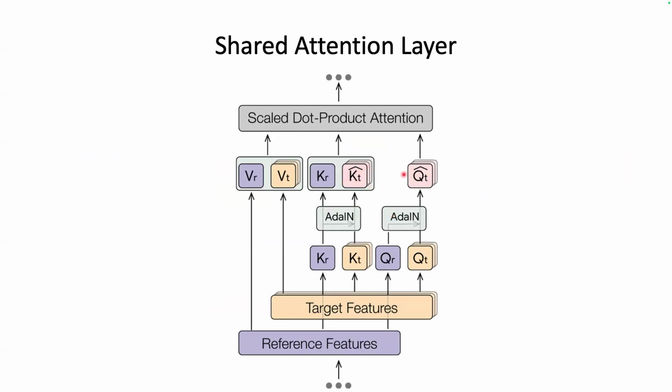Since the correspondences are determined by the multiplication between the queries and the keys, it's not really necessary to also apply AdaIN on the values. You actually want to have exactly the same values as in the reference image, but you want to find the correspondences accurately.